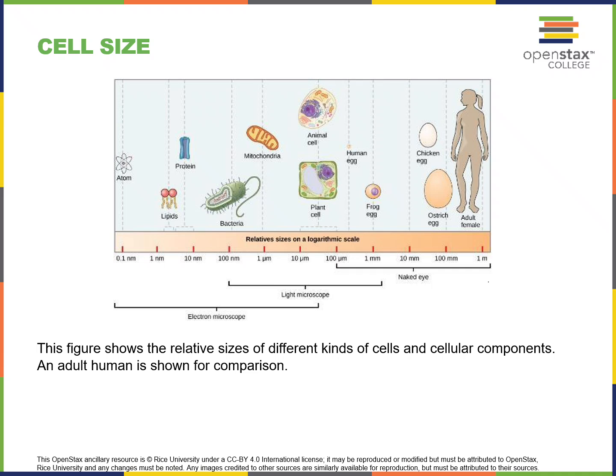So the differences in between these sizes shows you how big versus how small a cell really could be. So bacteria is probably on the smallest ends of things that we can see with a light microscope. And when we're getting into proteins, lipids, stuff like that, we can't see those with a light microscope. We would need a stronger, higher powered microscope, such as an electron microscope.